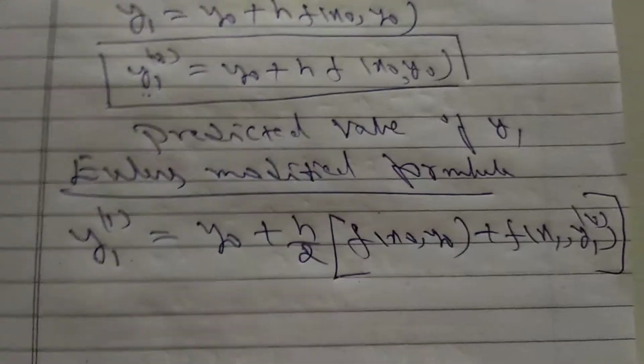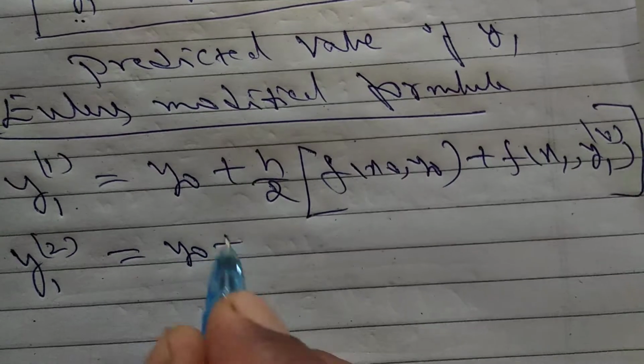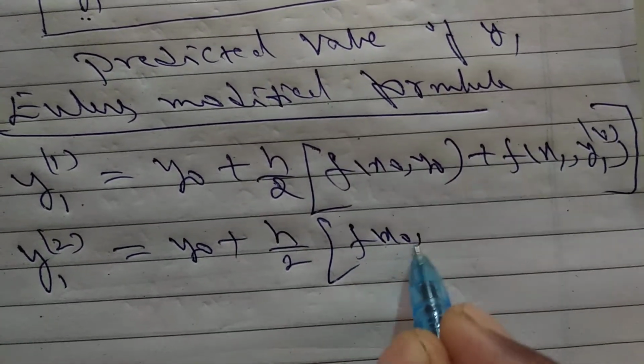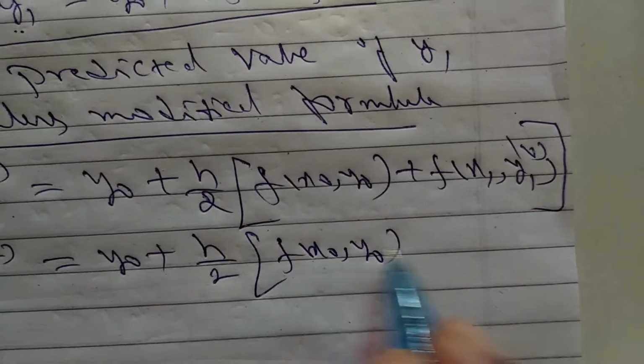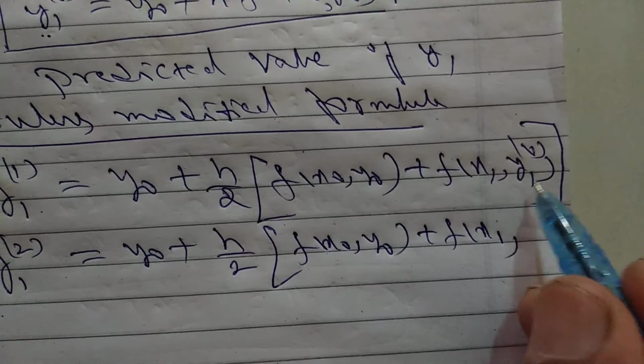This is the formula for y1 to 1. Similarly, we can write y1 to 2: y naught plus h by 2 into f of x naught comma y naught plus f of x1 comma y1 to 0.